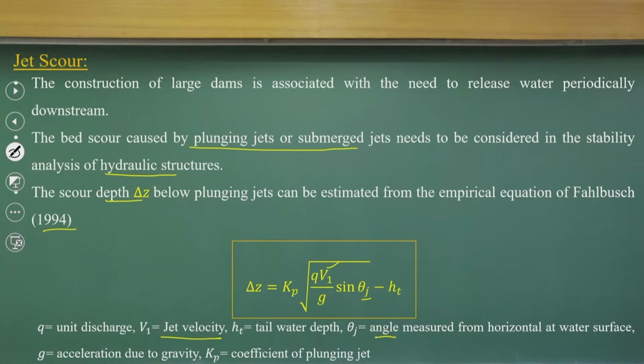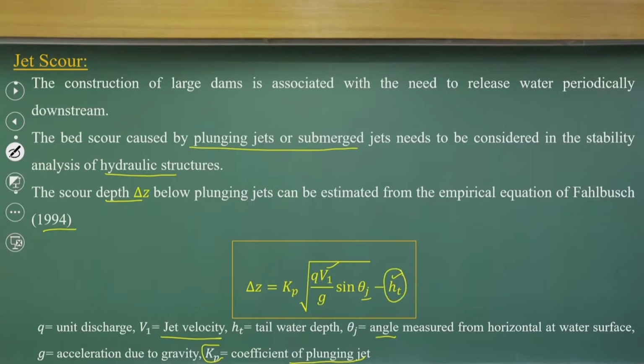Then you have the tail end water depth, and Kp stands for the coefficient for the plunging jet. So, the scour depends upon jet characteristics in terms of the jet velocity, theta j, and it depends upon the tail water depth.